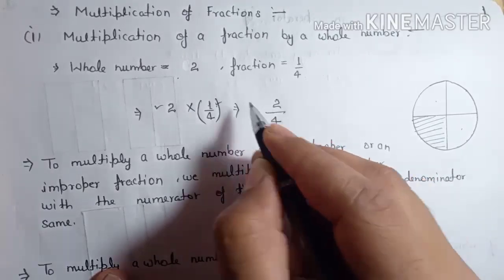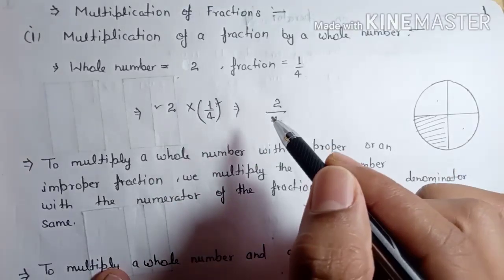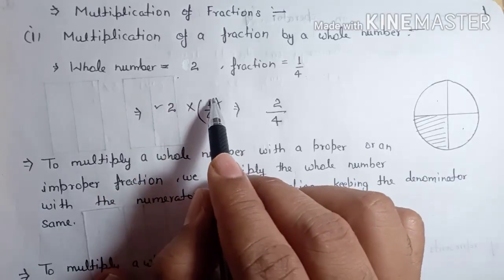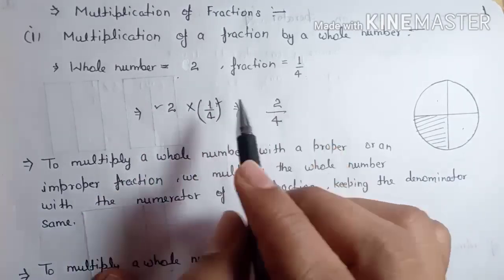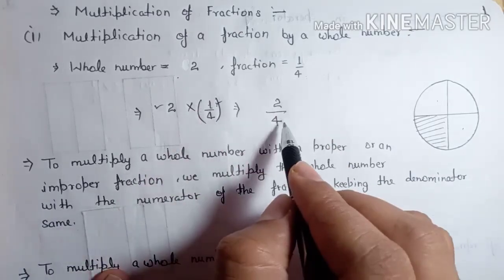So to multiply a whole number and a fraction, proper or improper, we have to multiply the numerator of this fraction and this whole number. 2 into 1 becomes 2, and we have to write the denominator of this fraction, that is 4.